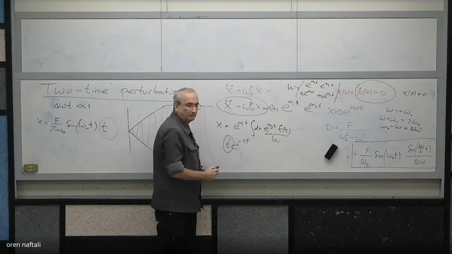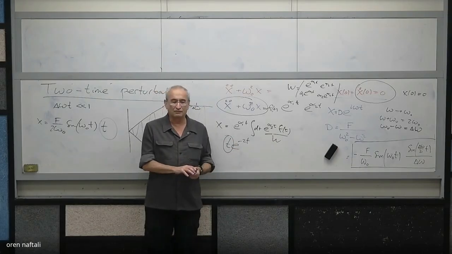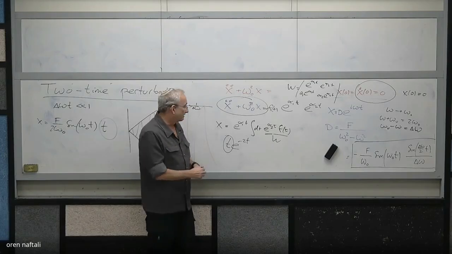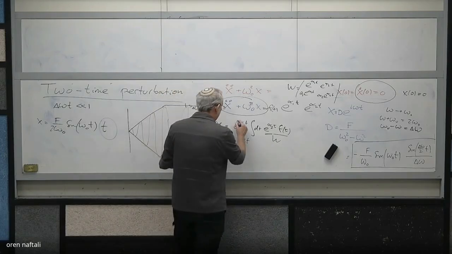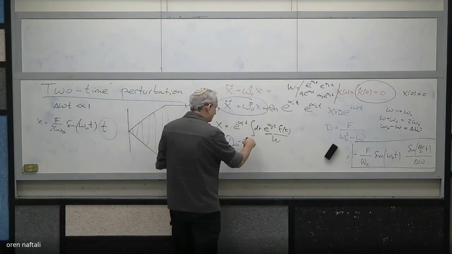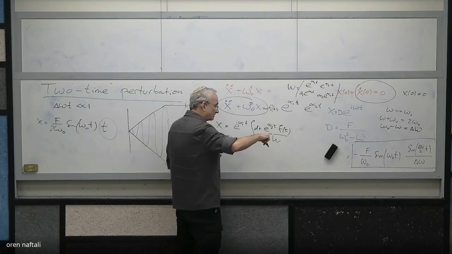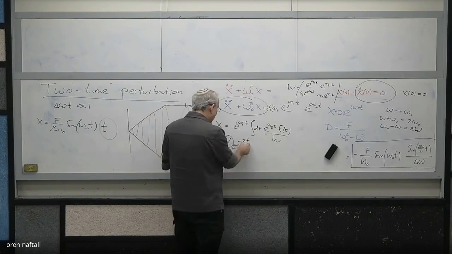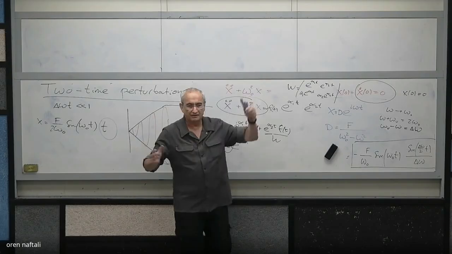But once you have this naked term, then it's called a secular solution. And essentially here it's i, so if you have something that oscillates here, then you have this phenomenon.